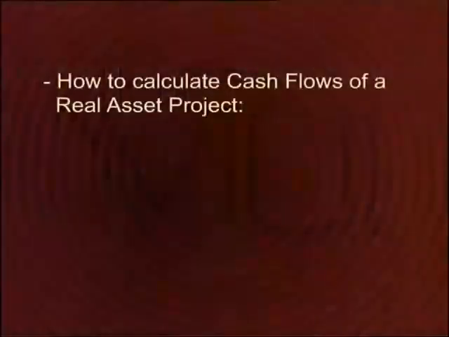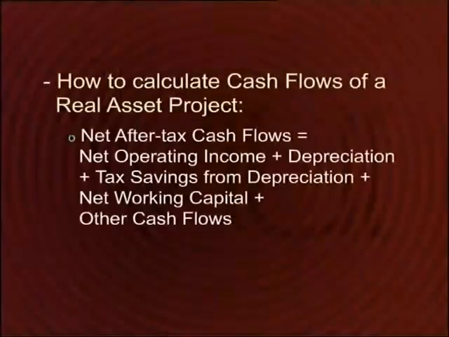So let's begin with a relatively simple formula for calculating the net incremental after-tax cash flows. They're defined as the net operating income, which you can get from the pro forma P&L or income statement, plus the depreciation.